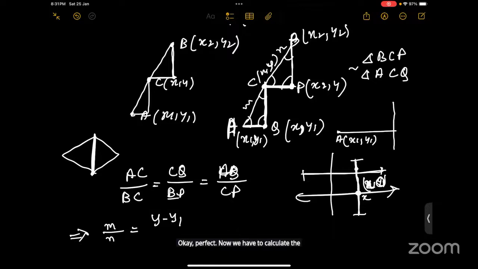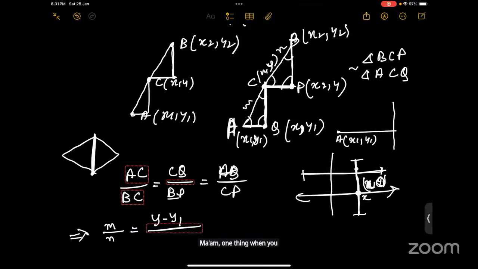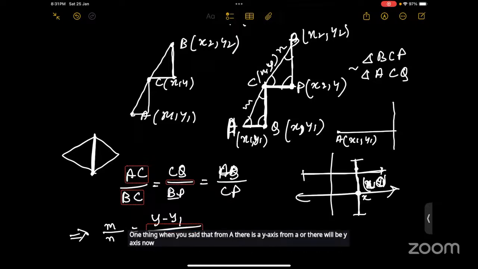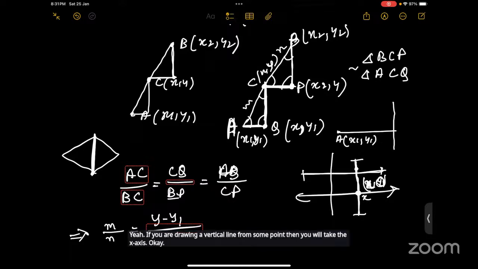Now we have to calculate the length of BP. So what is the length of BP? Ma'am, one thing, when you said that from A there is a y-axis. Yeah, that's what I'm saying. If you are drawing a vertical line from some point, then you will take the x-axis, and if you are drawing a horizontal line from some point, then you will take the y-axis.